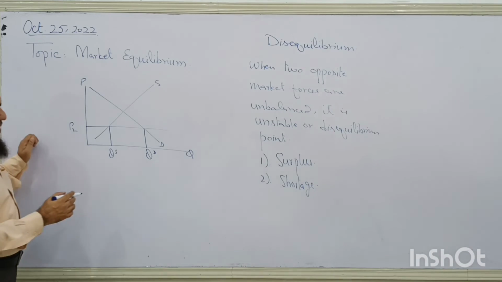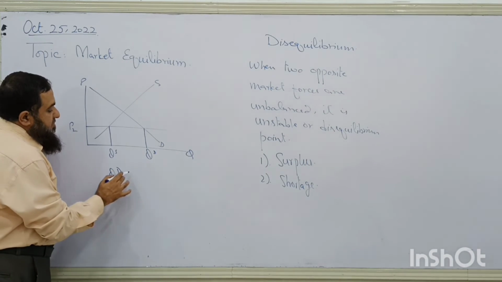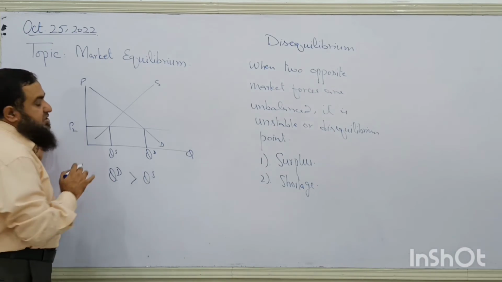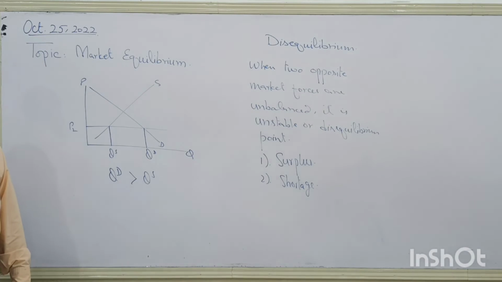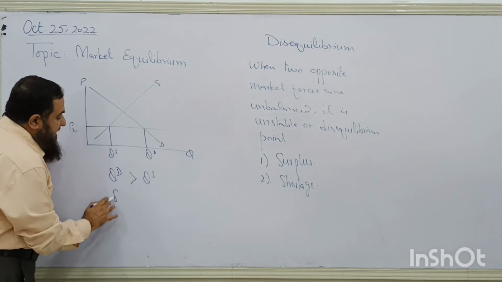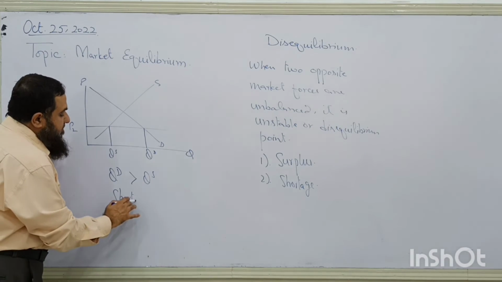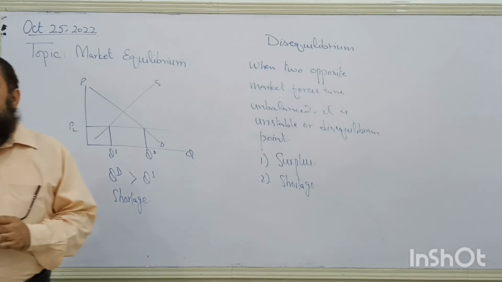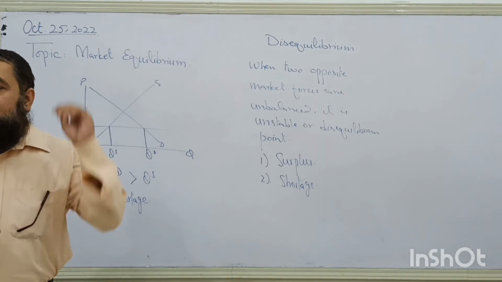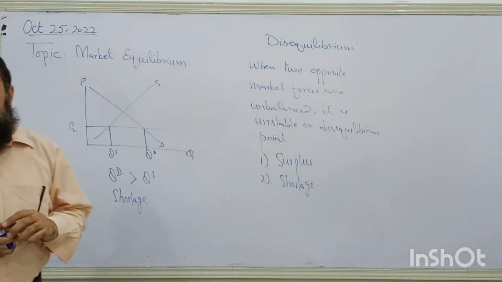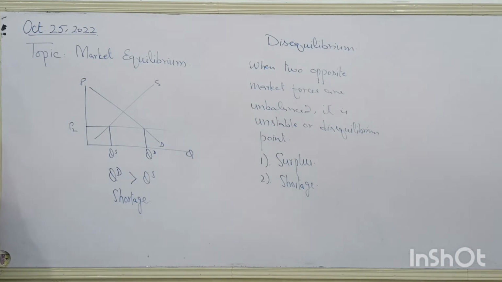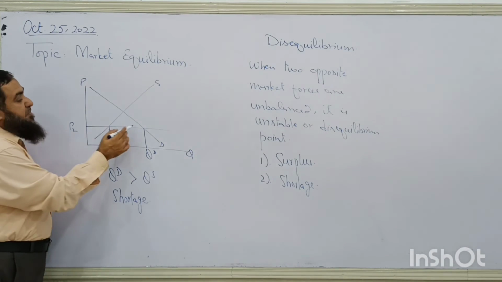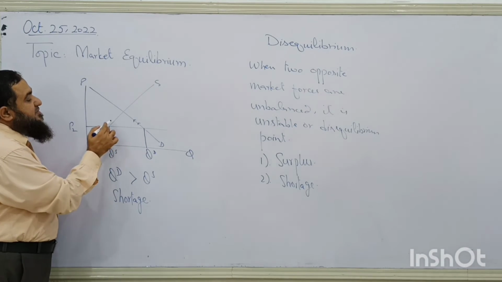So can I find over here the quantity demanded is greater than the quantity supplied? There is going to be a shortage in the market. So this shortage is what? Due to shortage, we see the prices will increase.